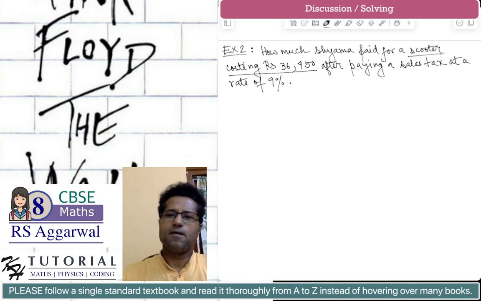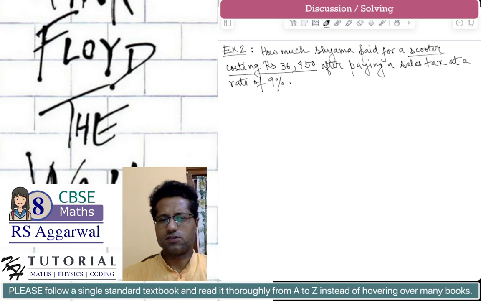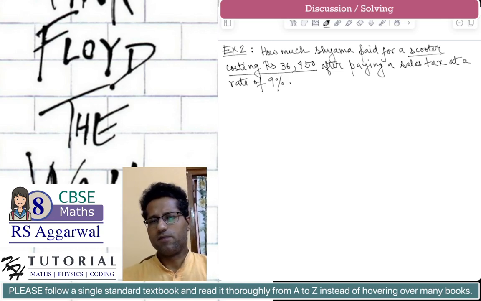So this is talking about the sales tax, and we know that the sales tax is based on a selling price. You can consider that the amount rupees 36,450 is the selling price, because the selling price of an item is basically the costing for a customer.